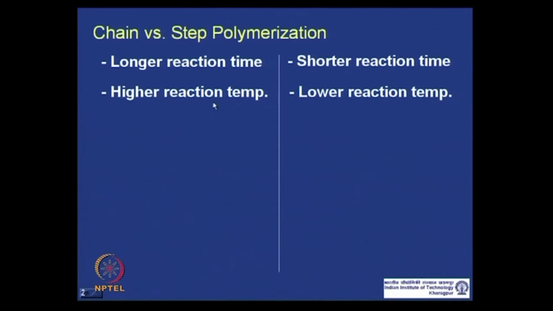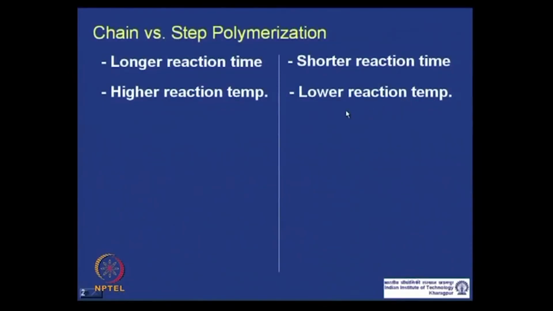Now, high temperature is not only to increase the reactivity or the equilibrium constant of the reaction, but also if somebody wants to remove the byproduct, for example water from polyester formation, to take out the water you have to increase the temperature and apply a high vacuum, so that you can take out the water from the system, which will shift the equilibrium towards the product side, towards the right hand side, which will lead to formation of polymer molecules.